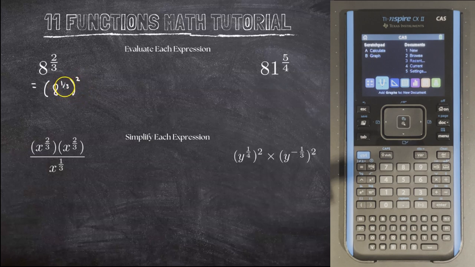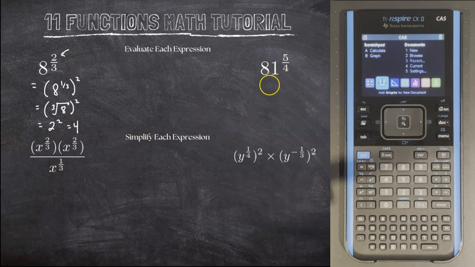Because we're using our power to a power rule, so that if we multiply those 2, we get our original 2/3. Now we already know that 8 to the 1/3 is our cubic root of 8, and we have to square that. And the cubic root of 8 is 2. So 2 squared equals 4.